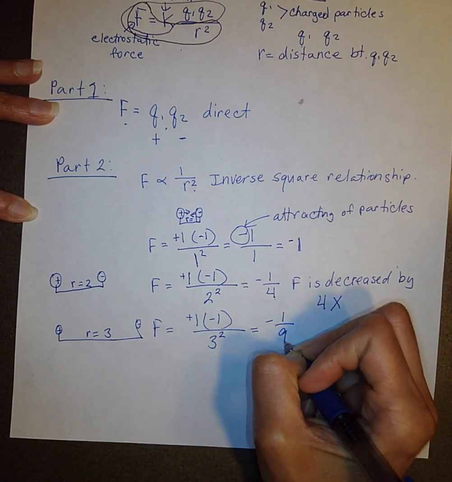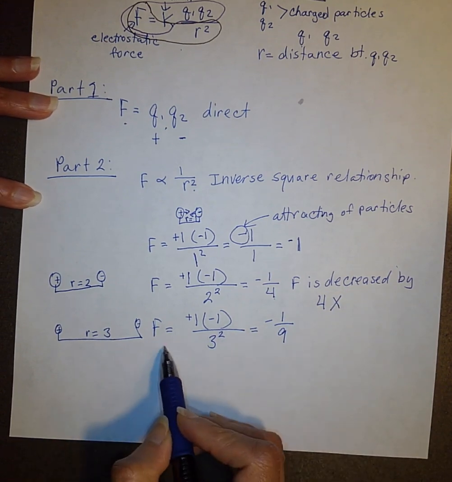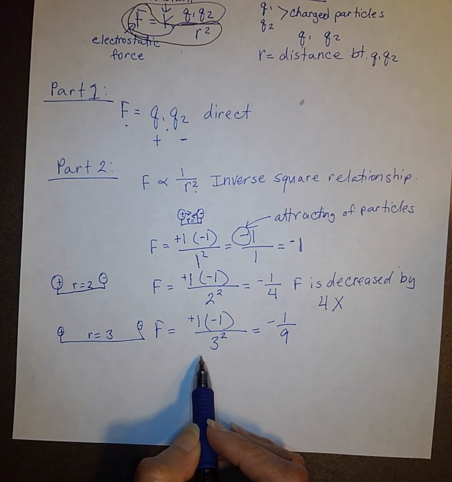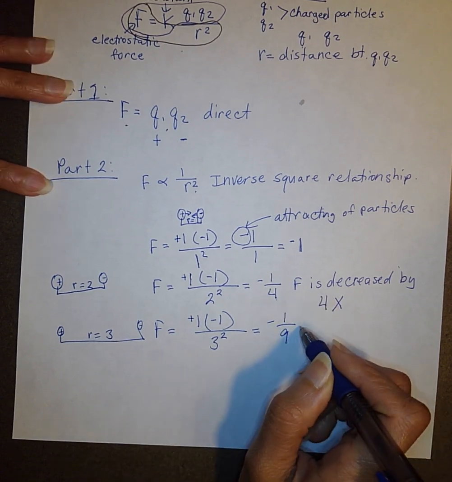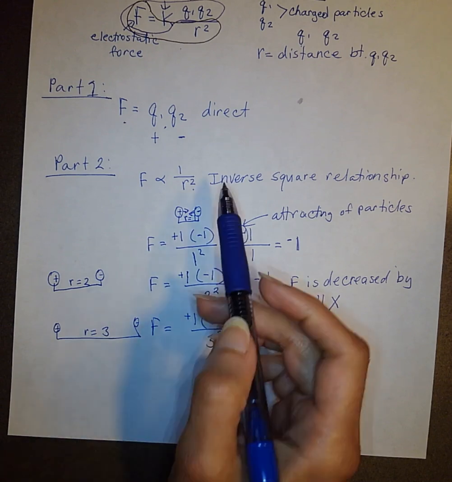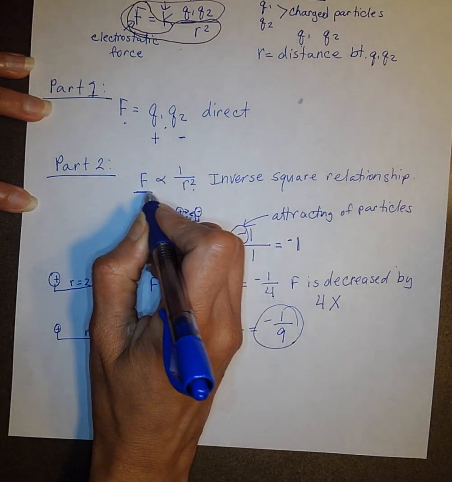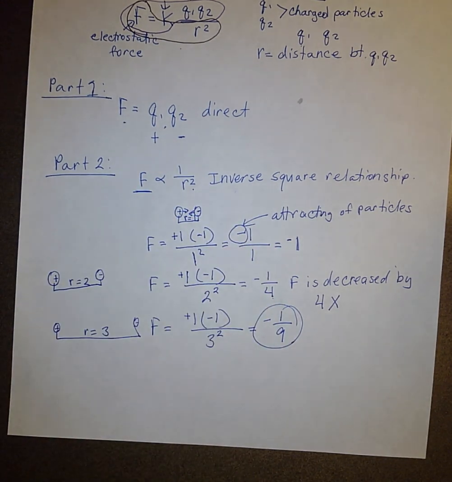So now the force is about 9 times less than it was before. It is 1/9 of the value. So that inverse square can definitely influence the amount of force between the charged particles.